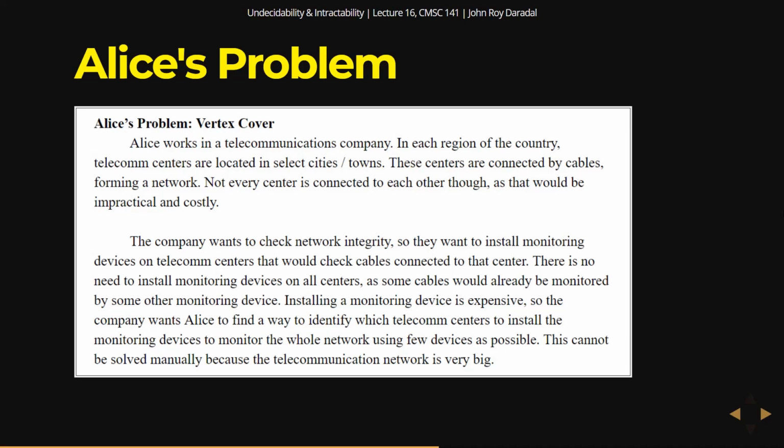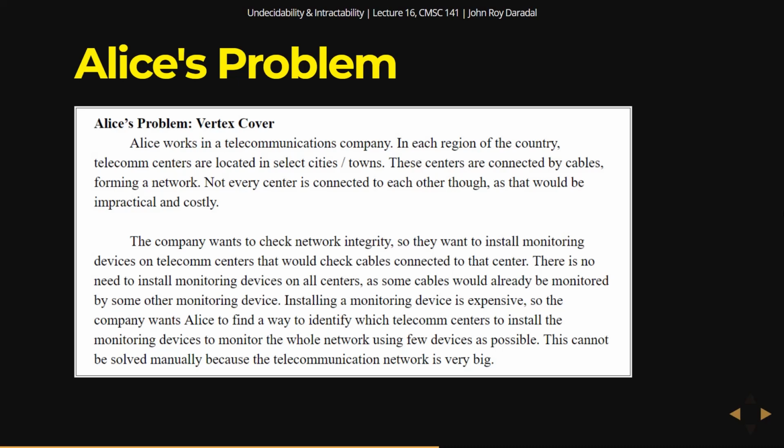Let's say we are in the Philippines, maybe just in region 6. If there's a center in Iloilo City, and another center in Pasig, and another in Roxas, and then in Aklan, in Antique, in maybe San Jose.